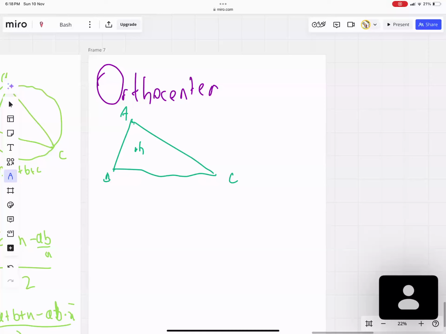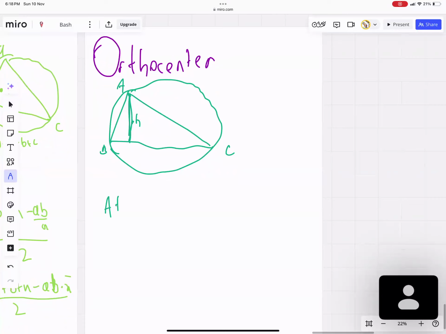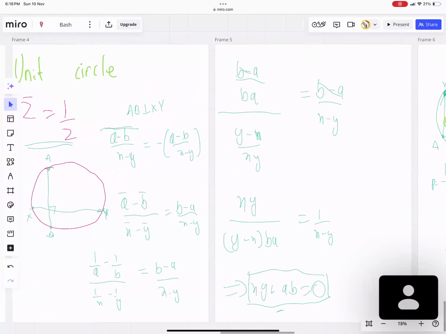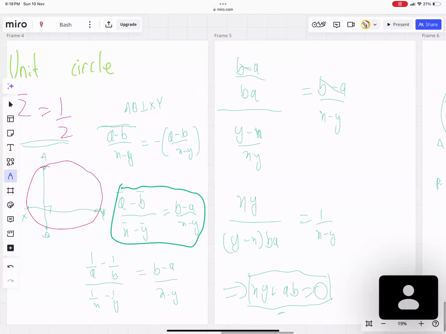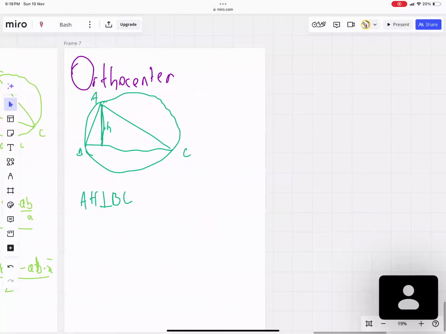So let's call this H. Also we're assuming that this is all on the unit circle. Now there's one thing we could do, which is the most bashy way to do it, is know that AH is perpendicular to BC, right? So we constantly use this to get 3 different linear equations in terms of H and H conjugate. And then we solve for H.